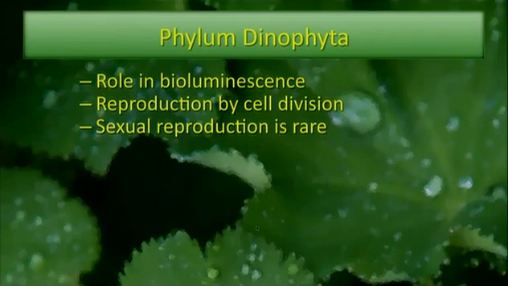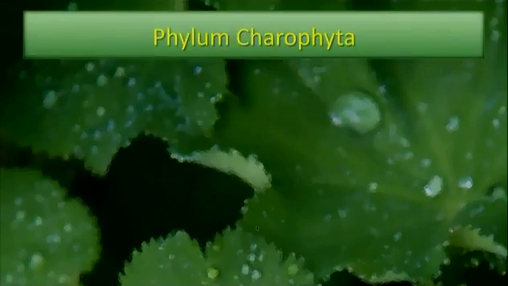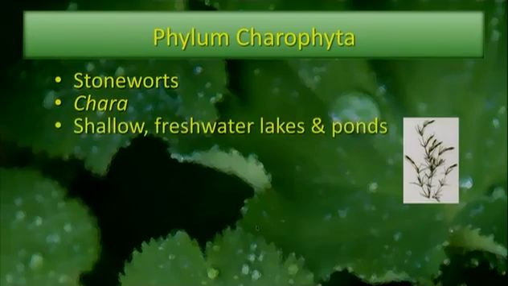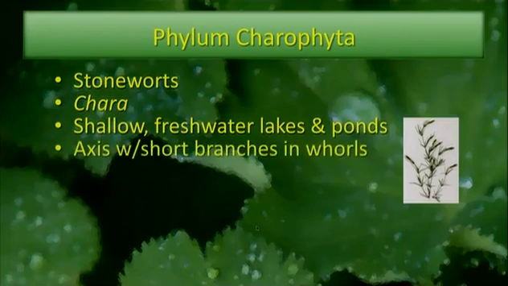Now the phylum Charophyta. These are the stoneworts, and Chara is one of the genera. They live in shallow freshwater lakes and ponds, and their body plan is an axis of short branches and whorls, like that image you see over there on the right.